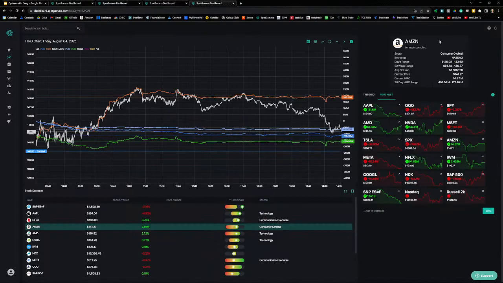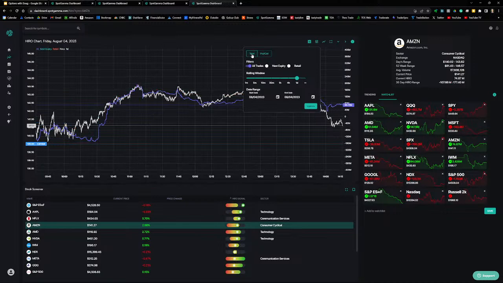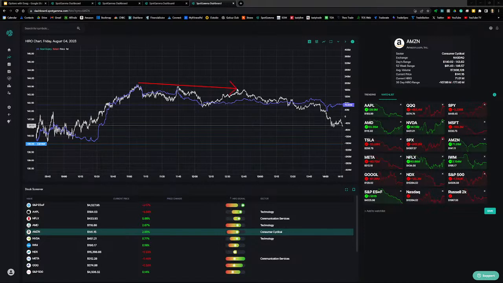So let's go back to the default view, which is just the all expirations total view. And you can see here as well, when Hero levels off and starts to move lower, price starts to move lower as well.